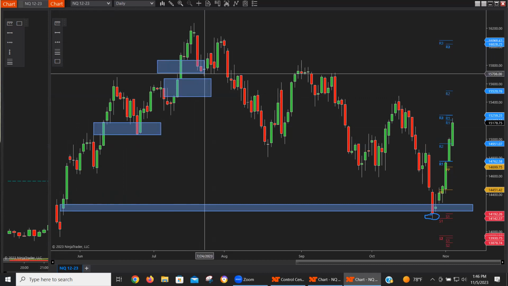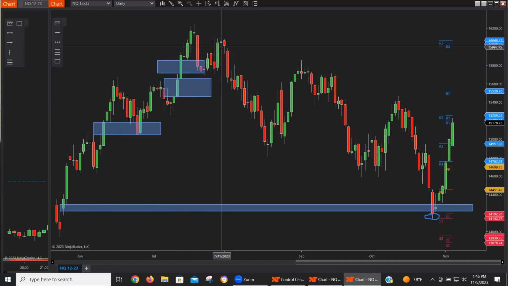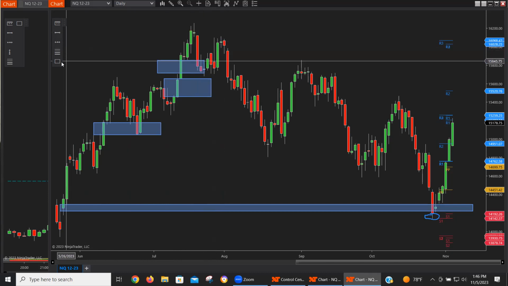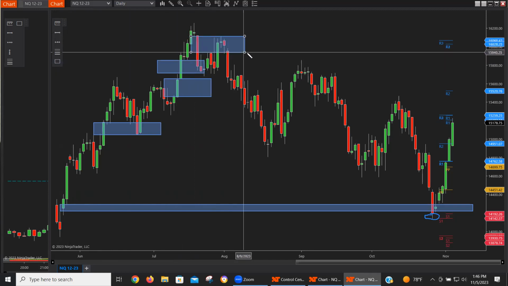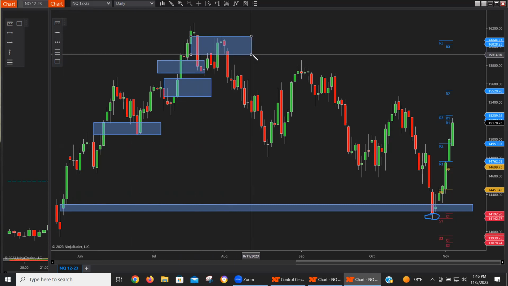Market came down into the imbalance, and it can go below. It just didn't close, came back into it. Went back up, but where did it go back up to? Another imbalance. Right there.